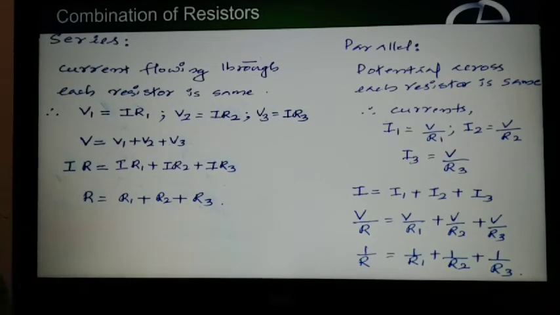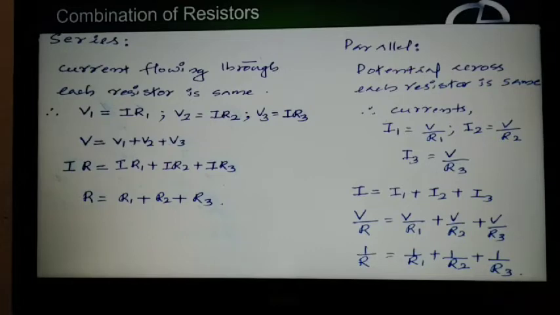As I already told you, in series, the current flowing through each resistor is the same. But since they have different values of resistance, the potential developed across each resistor will be different.